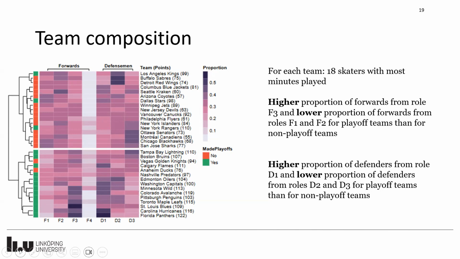There was no distinction for the F4 forwards. For defenders, we noticed that teams that went to the playoffs had a higher proportion of defenders of role D1, the offensively oriented defenders, and a lower proportion for roles D2 and D3.